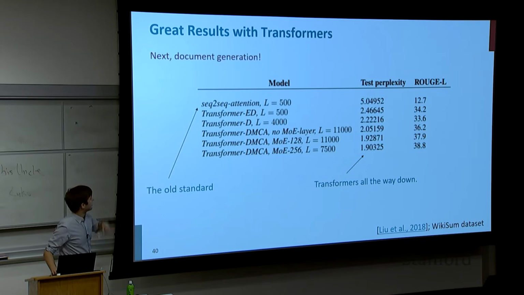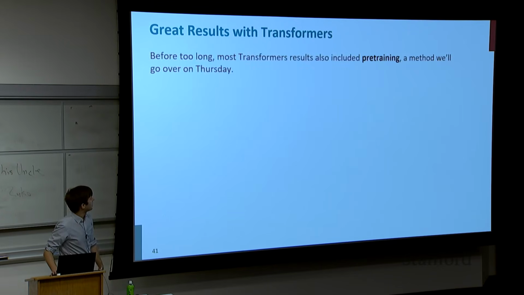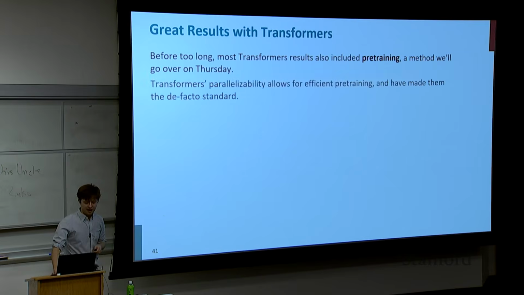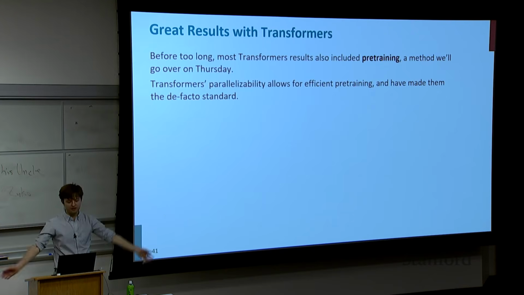After that, there were things like document generation, where you had the old standard of sequence-to-sequence models, the LSTMs, and eventually everything became transformers all the way down. Transformers also enabled this revolution into pre-training, which we'll go over in next class. The efficiency, the parallelizability allows you to compute on tons and tons of data.